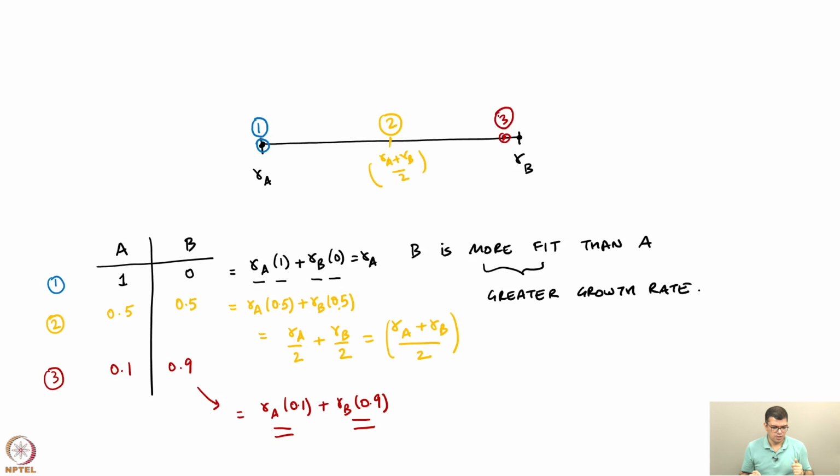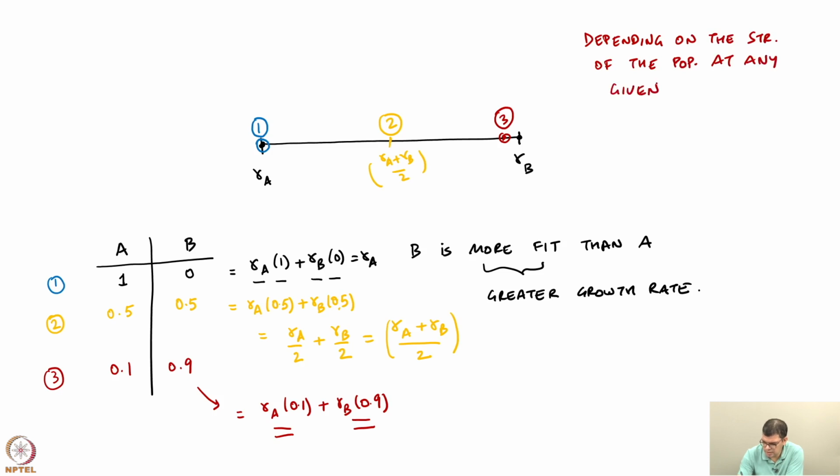This is where it will be. So, the point we are trying to make is that depending on the structure of the population at any given point in time, the mean fitness phi changes, and that is the key idea that we have to remember.